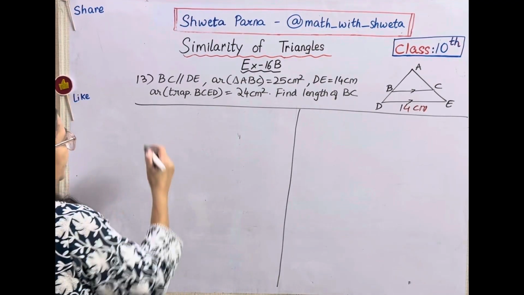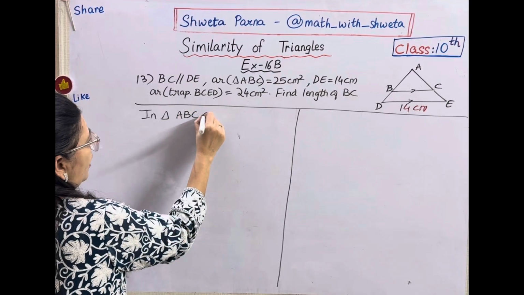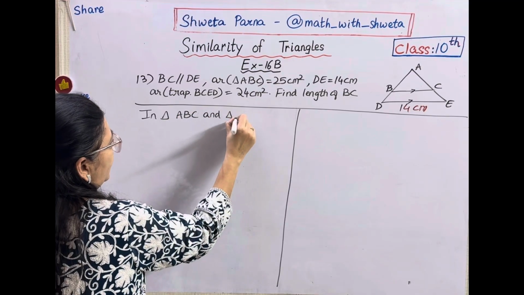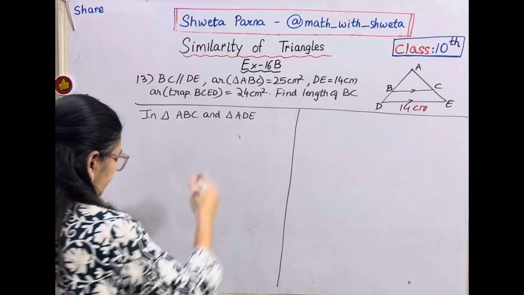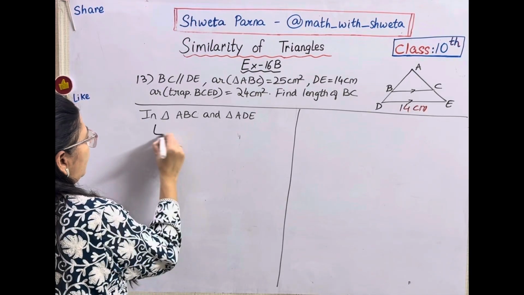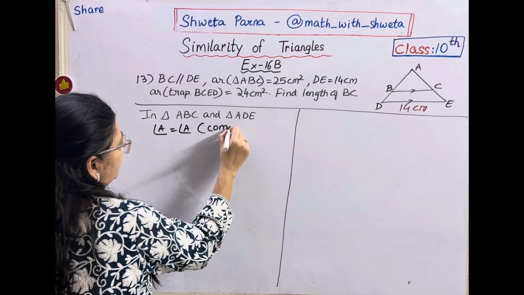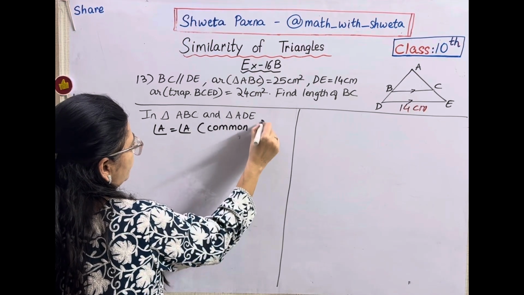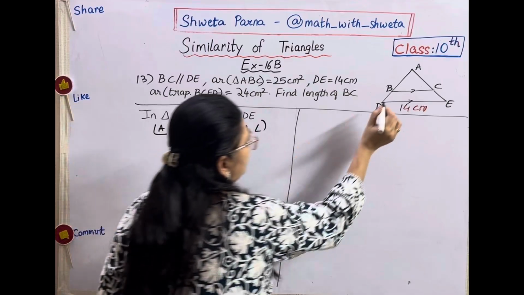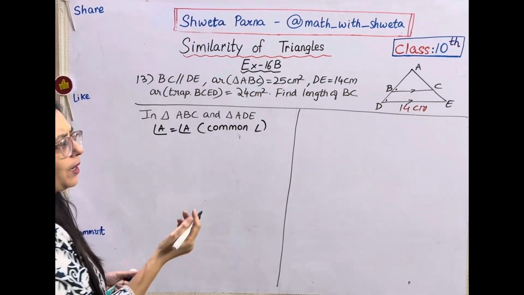In triangle ABC and triangle ADE. Okay. Now angle A is common angle. Angle A is equal to angle A, common angle. Then this angle and this angle both are equal since the sides are parallel.